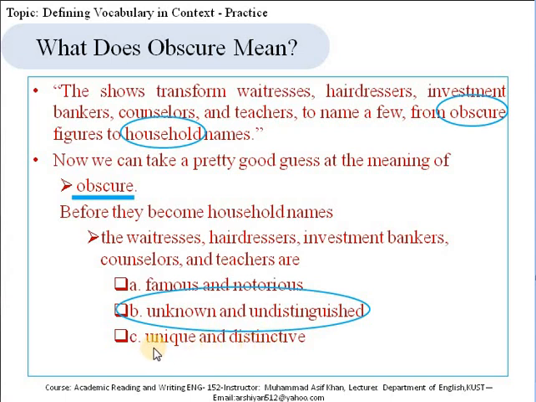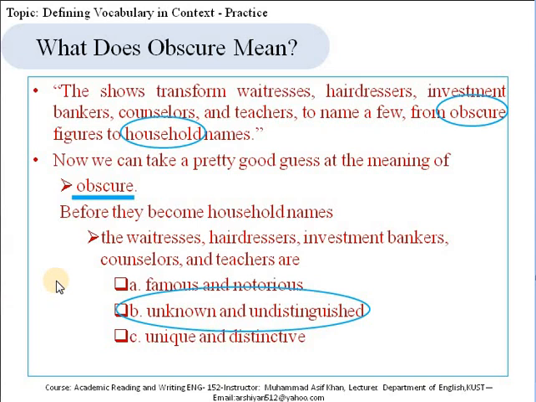Furthermore, we can tell why option B is the correct answer, because we can substitute the word obscure with the word unknown or undistinguished in the sentence, and both will make sense. So this is the first exercise which we did, and we found the meaning of the word obscure from the context.